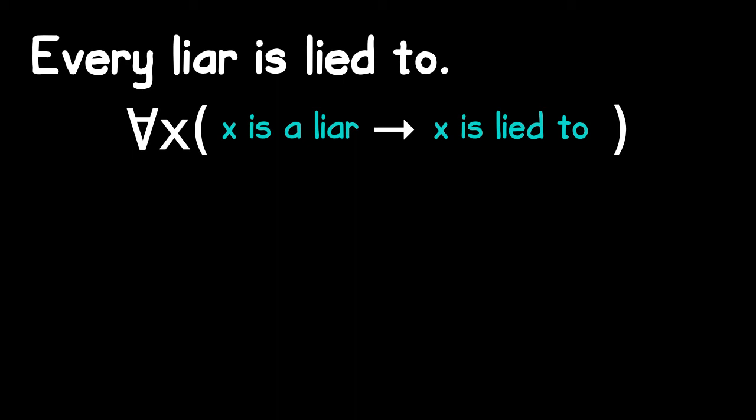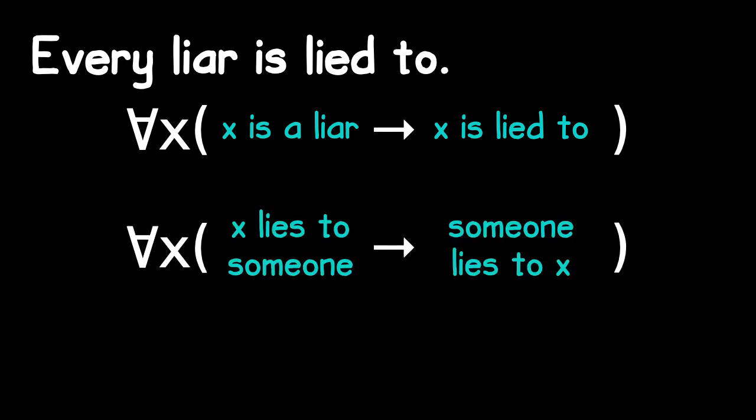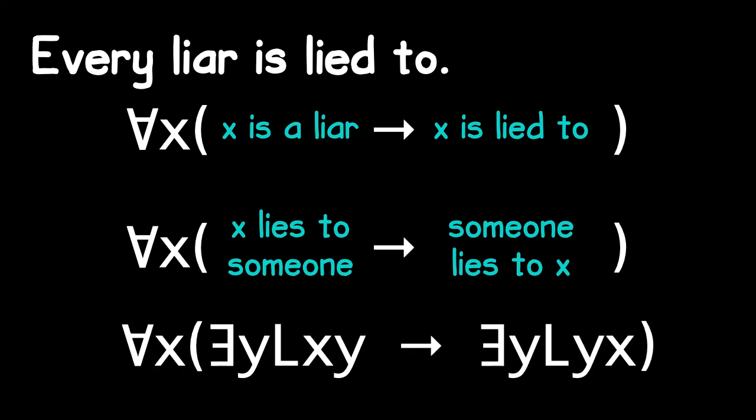Now we can paraphrase those to bring them closer to something we can translate. For all x, if x lies to someone, then someone lies to x. Finally, the someone can be handled with an existential quantifier. So we get for all x, parentheses, exists y, LXY, arrow, exists y, LYX.